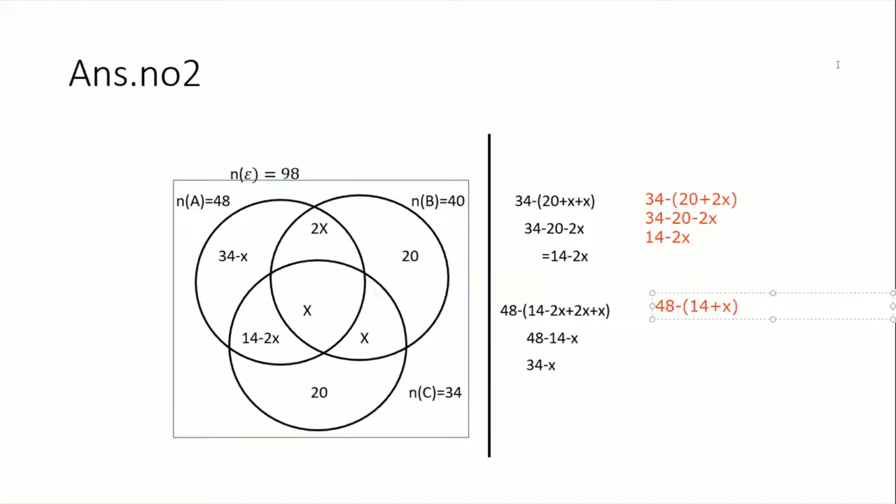So yeah, we shall remain with that. So in our expression, we shall end up with a 48. If we are to open up brackets, that will turn into a minus 14, then minus x, ending up giving us a 34 minus x. So we have a 34 minus x here.